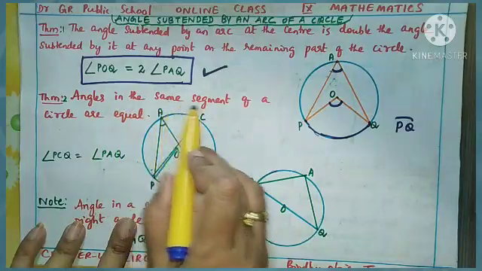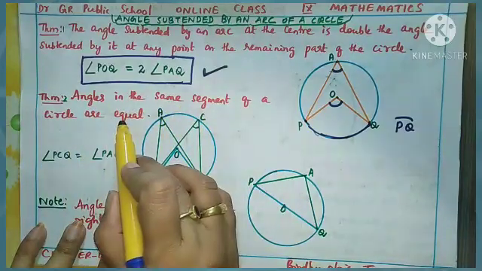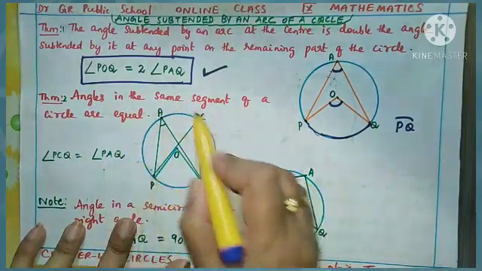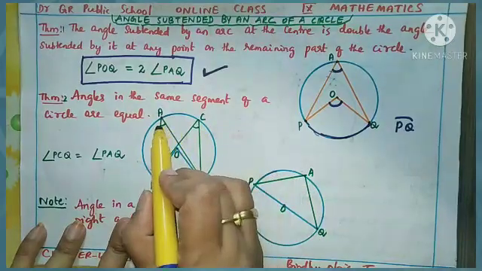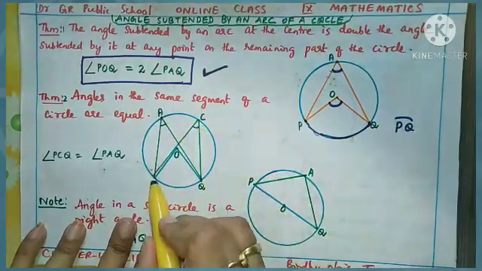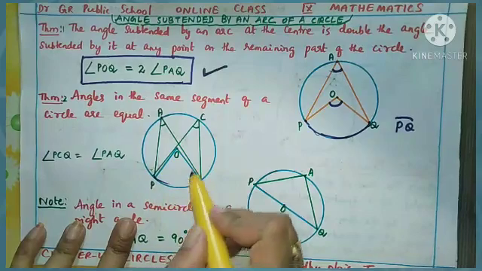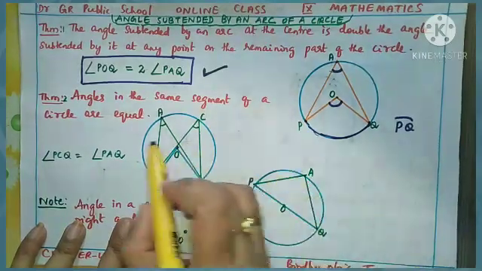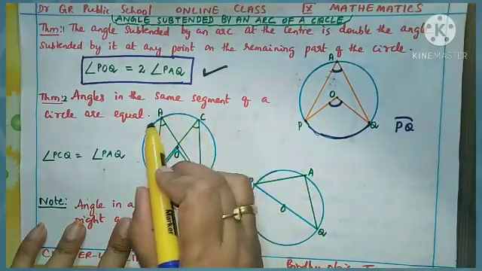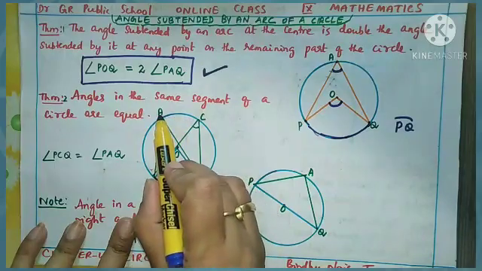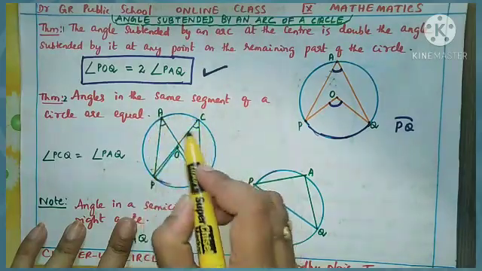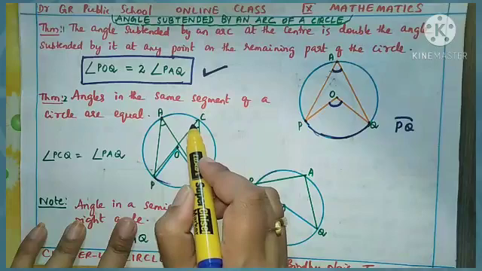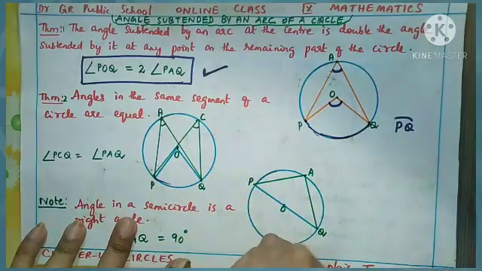Angles in the same segment of a circle are equal. Here you can see a picture of a circle with points A and C. Here is an arc PQ and O is the center of the circle. On the same part of the circle there are 2 points, A and C, and you see 2 angles formed by this arc PQ.